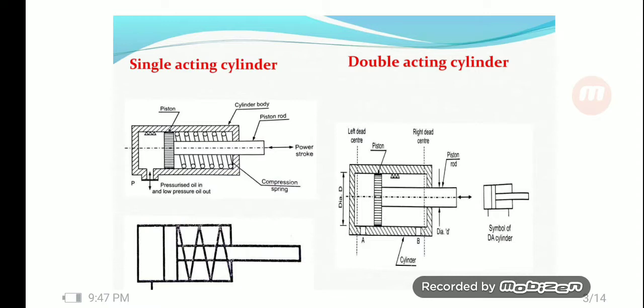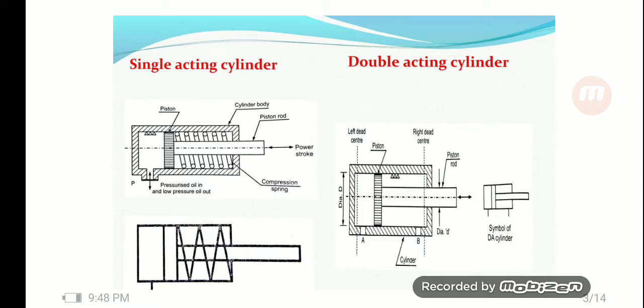So in this, only the forward stroke is controlled, not the backward stroke. The figure below shows the symbol of the single acting cylinder, which has only one port and a spring. Another figure at the right side shows the double acting cylinder.